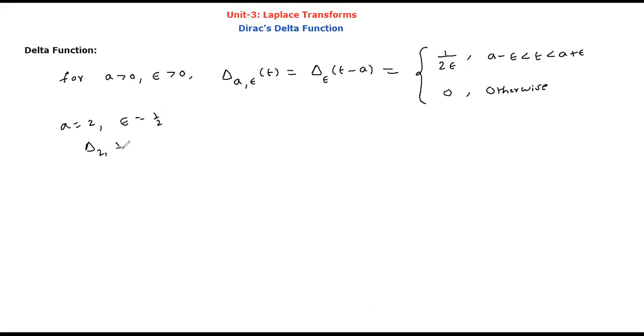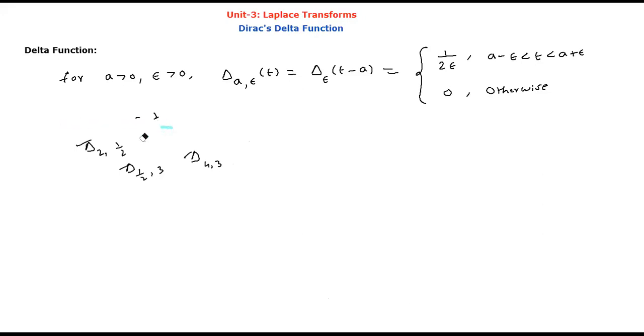Delta 2 comma 1 by 2 is one function. Delta 1 by 2 comma 3 is another function. Delta 4 comma 3 is another function. So for different combinations of a and epsilon, you will have different functions. Let us fix a and vary epsilon and see how the graph is going to look.